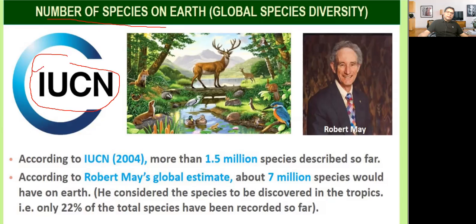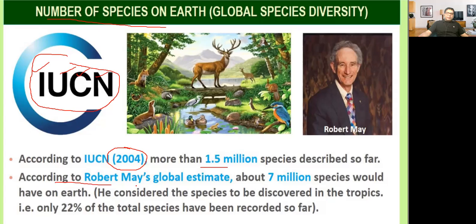According to IUCN, in data collected in 2004, more than 1.5 million species have been described so far.